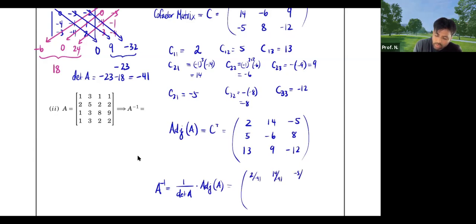This would be -5 over -41, which is positive 5 over 41. This would be 5 over -41. This is positive 6 over 41. This is 8 over -41. This is -13 over 41. This is -9 over 41. And this will be finally positive 12 over 41.